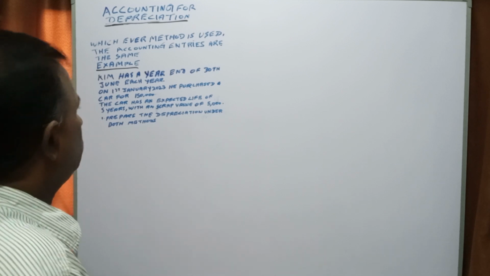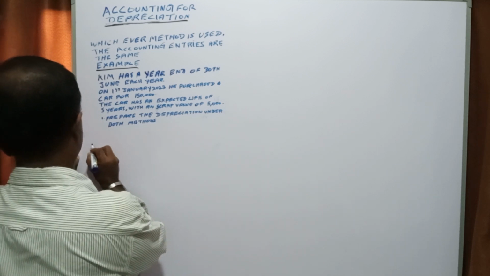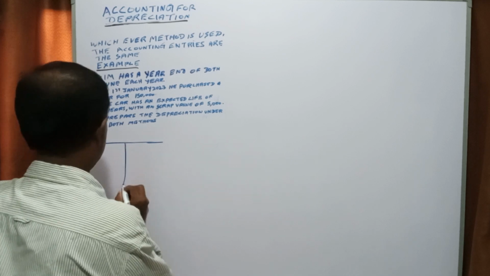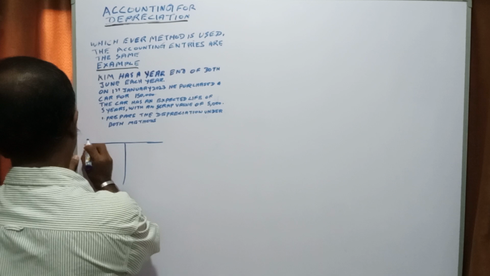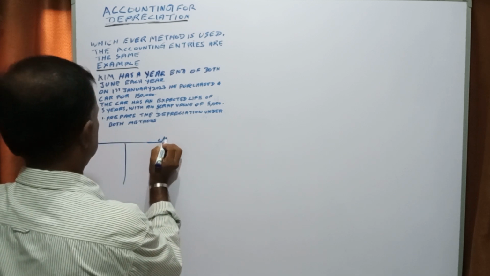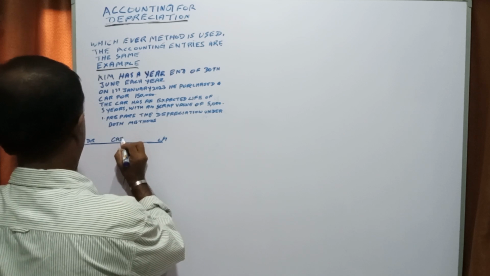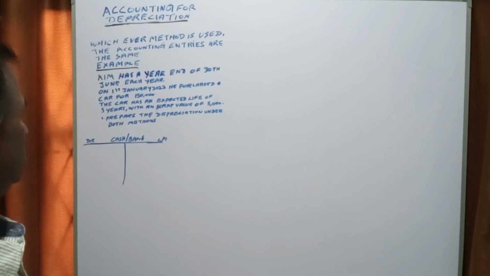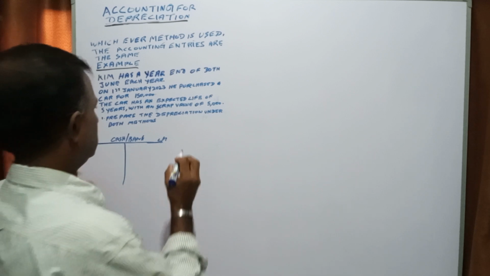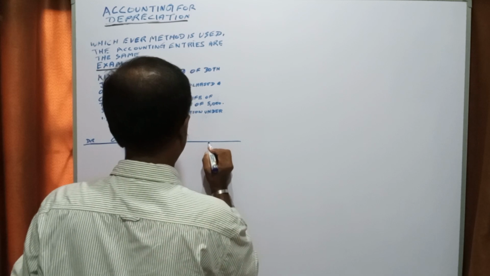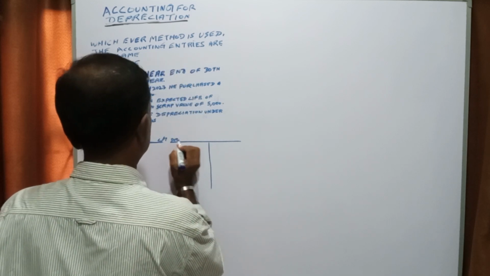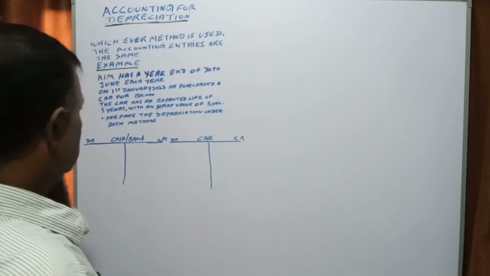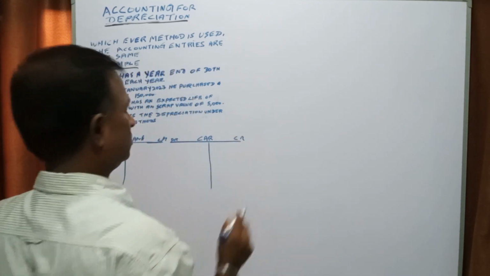We have to open up a car account, a cash account, or bank, since we have not mentioned which. And another one is the depreciation account.